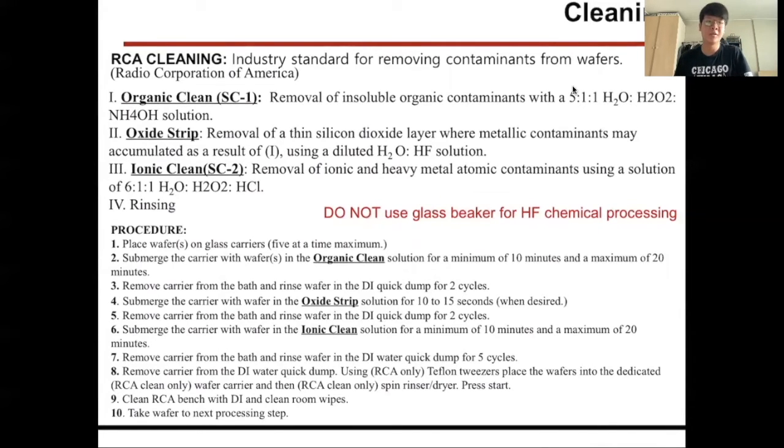Second, we remove the thin layer of silicon dioxide, which is made naturally, and then we remove the heavy metal or ionic substances using hydrofluoric acid.